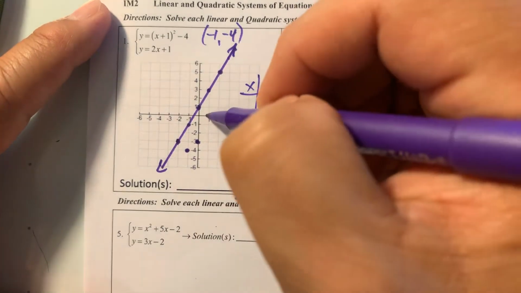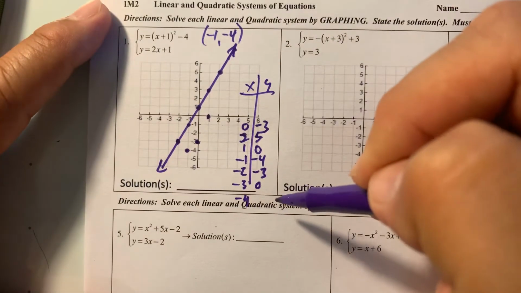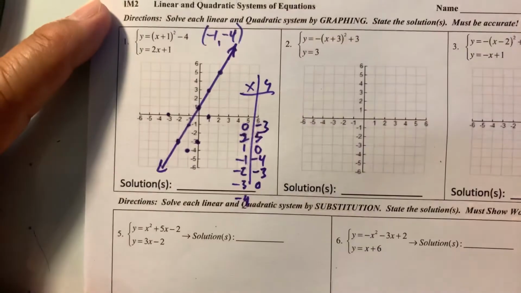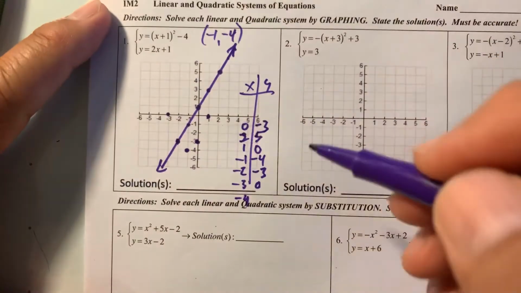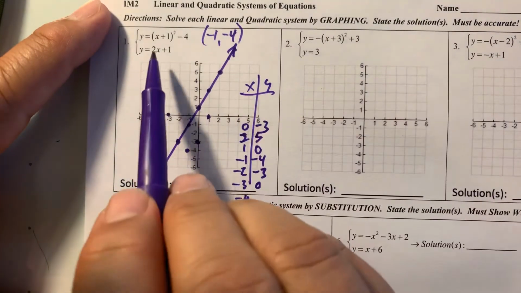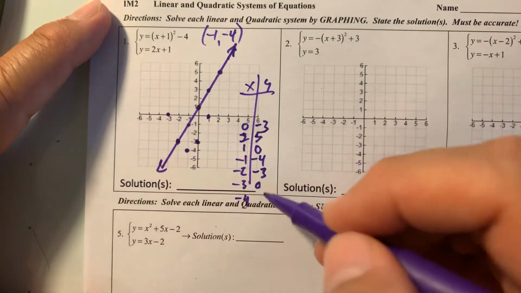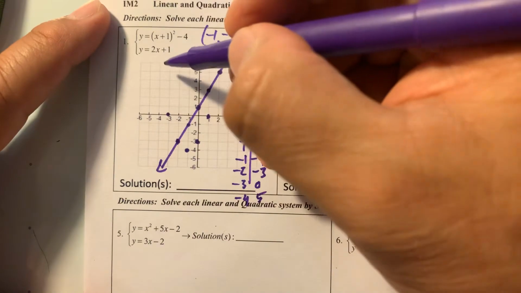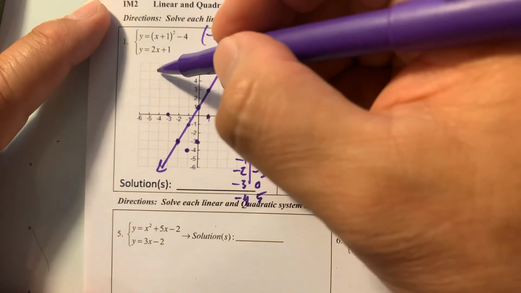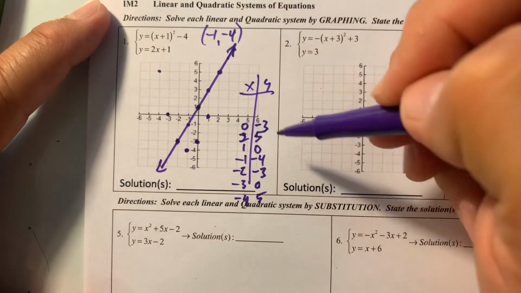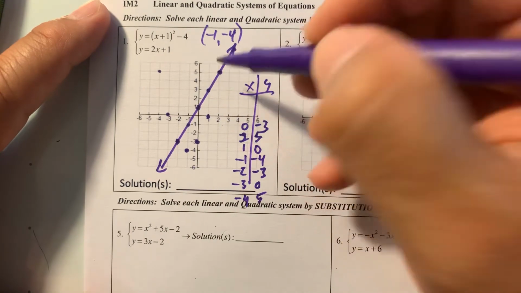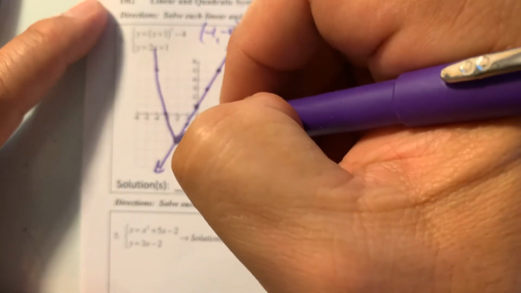When we plugged in 1, we got 0. When we plugged in negative 3, we got 0. And then let's do negative 4. Negative 4 plus 1 is negative 3. Negative 3 squared is 9. 9 minus 4 is 5. So for negative 4, we get 5. And when we have 2, we get 5 as well.